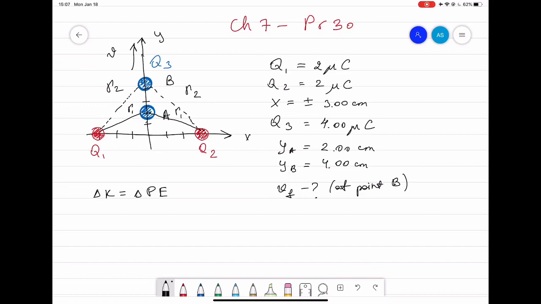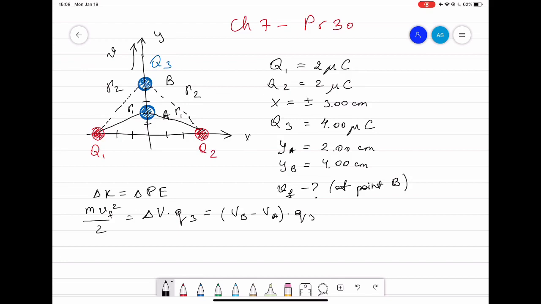That means if the charge started from rest, then we can just say that m v final squared over 2 is equal to the change in potential electric energy, which will be equal to delta V times Q3. Since our Q3 is moving, it's Q3, or we can say that V B minus V A times Q3.